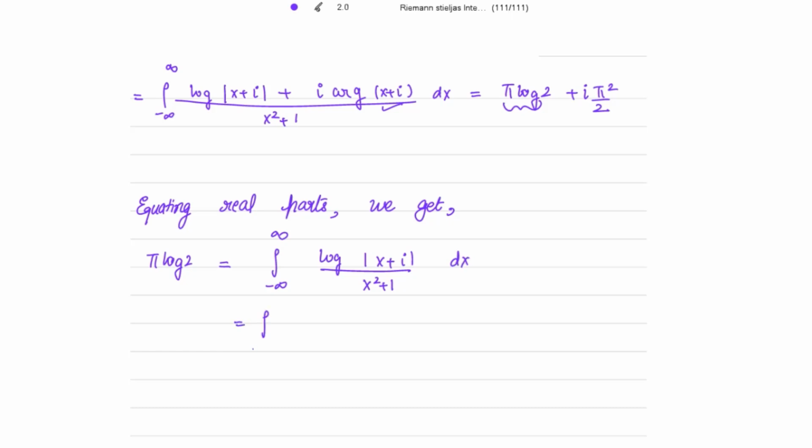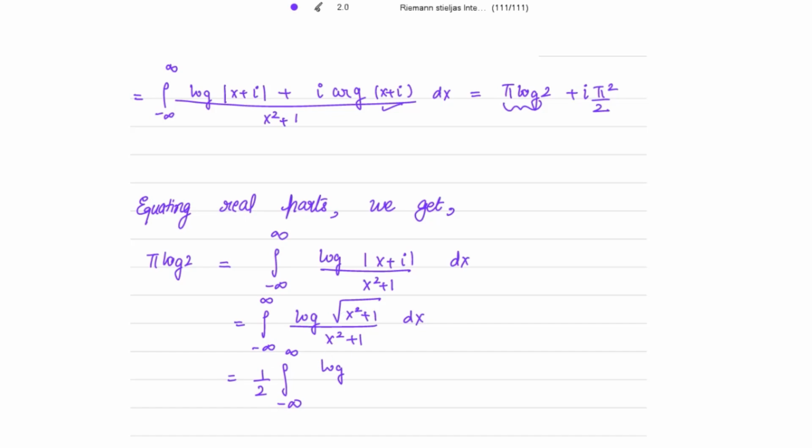This is equal to the integral from minus infinity to infinity, because I very much know that mod of x plus iota is nothing but the square root of x squared plus 1. So this is the integral of log of this square root, and the square root can come out as a fraction one by two, because here it is log of a power.